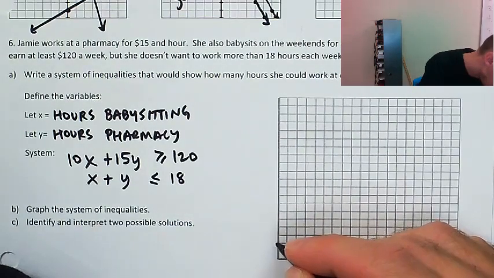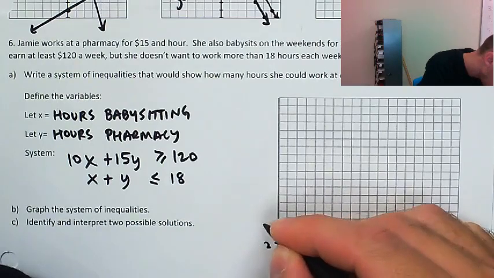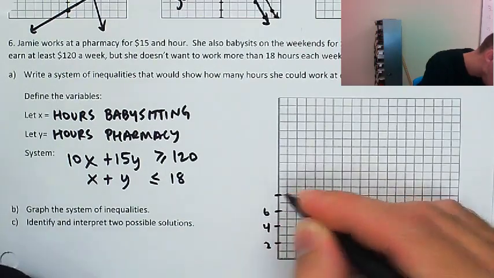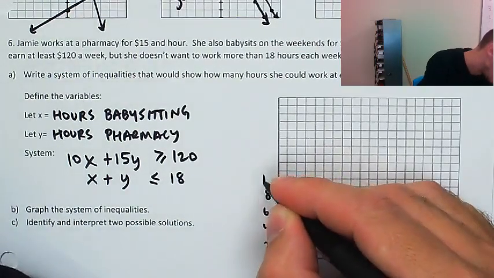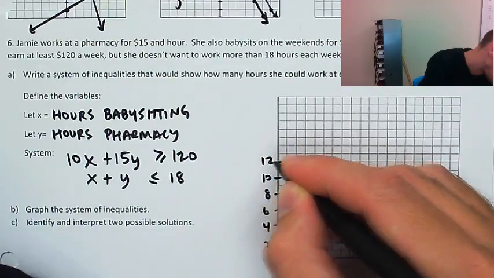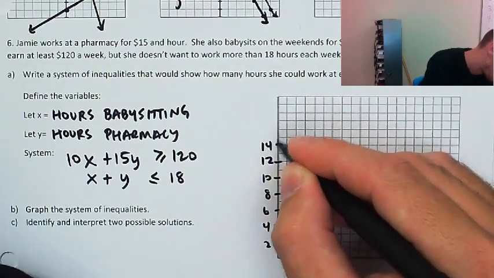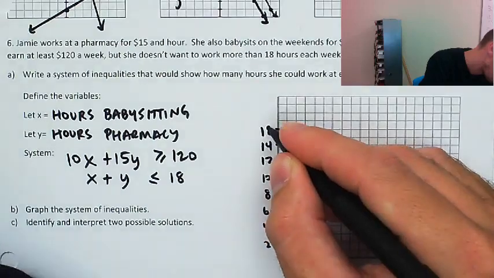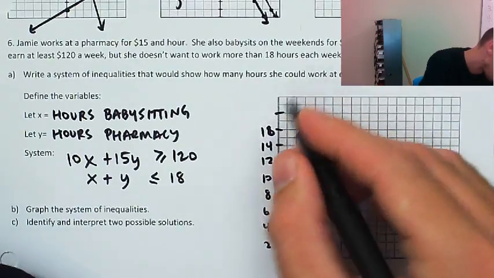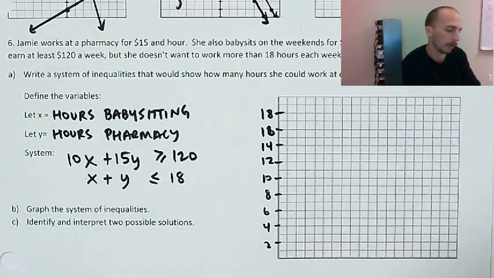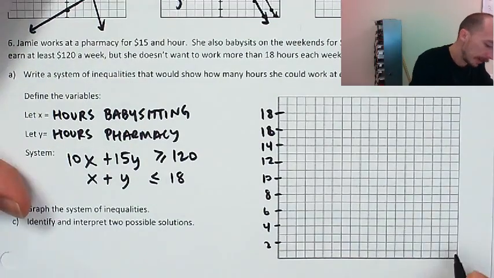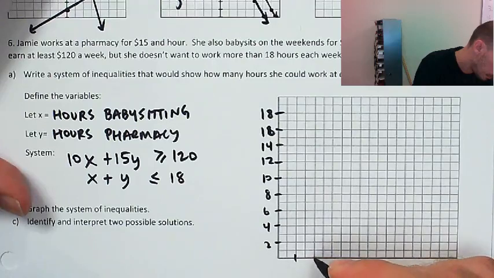Okay, so 2, 4. I just don't want to count wrong. Okay, there we go. That's 18. And then I know because this is a 20 by, actually, it looks like a square, but I can't be sure. 2, 4, 6, 8, 10, 12, 14, 16, 18.